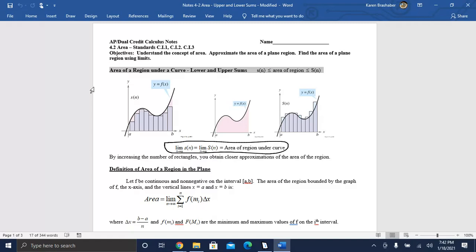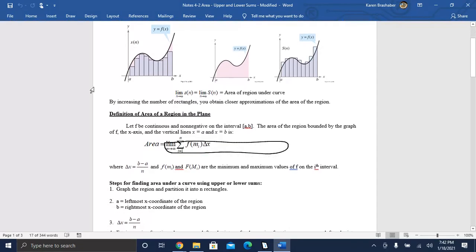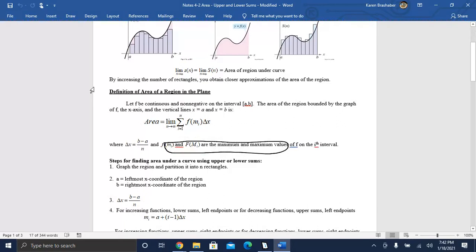And so we have a definition of the area of a region, and that definition is using the limit process and doing the summation: the limit of the summation from i equals 1 to n of f of m_i times delta x.